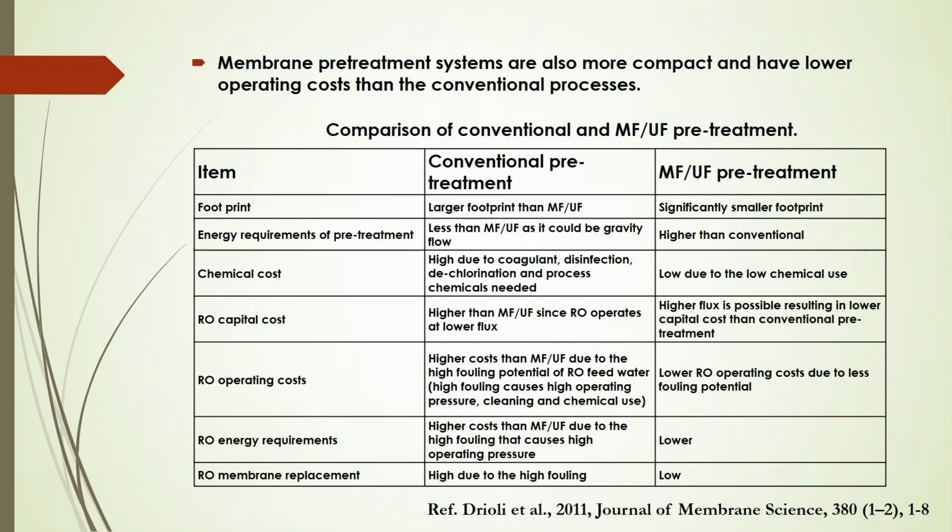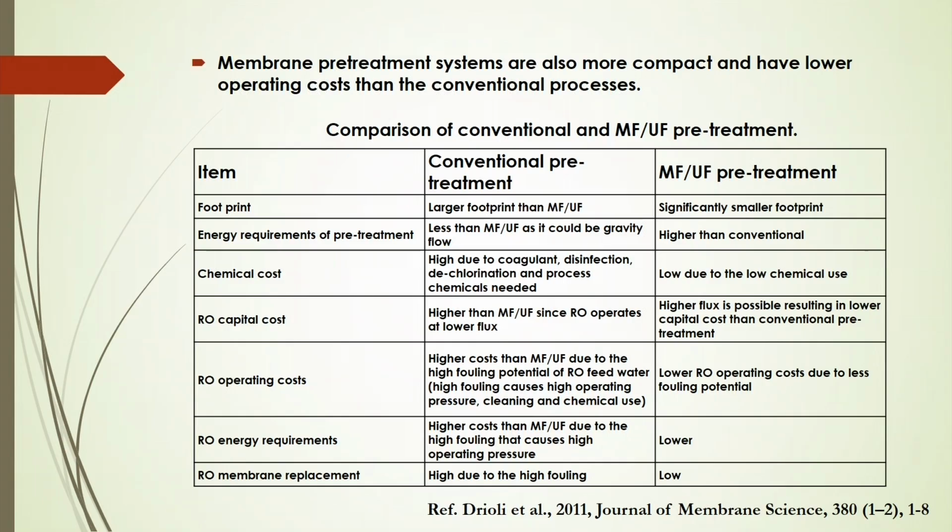Also, in terms of energy requirements, conventional pre-treatment generally requires higher cost than microfiltration or ultrafiltration, due to the high fouling that causes high operating pressures, whereas microfiltration or ultrafiltration generally requires lower operating pressure.